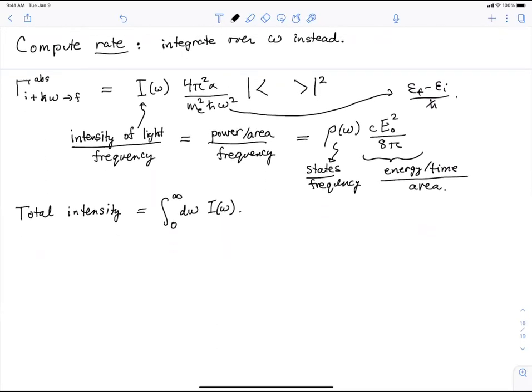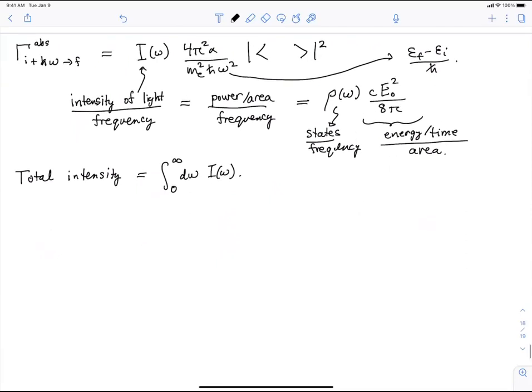Now, there's another way to describe this, which is equivalent and is going to be very useful for what we're going to do later today. And that is, instead of describing it in terms of intensity, you can describe it in terms of the number of photons present. So you can describe it in terms of photon occupation numbers.